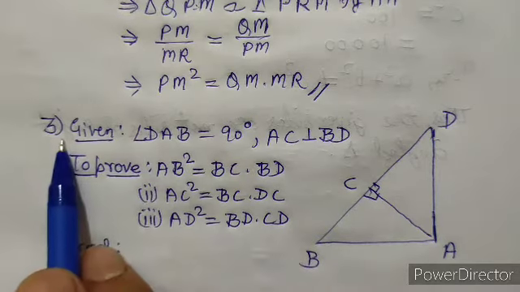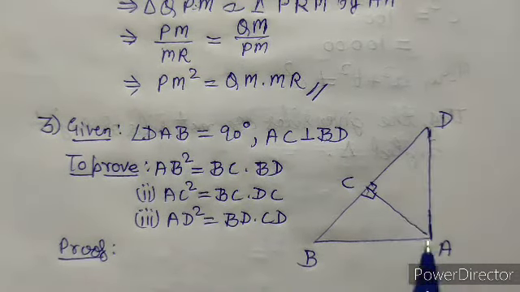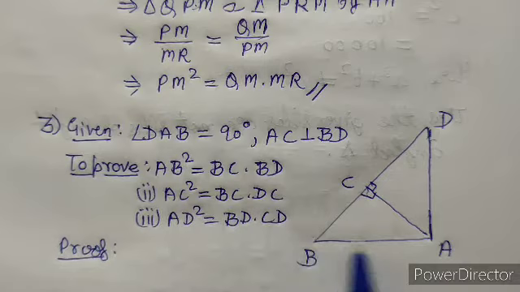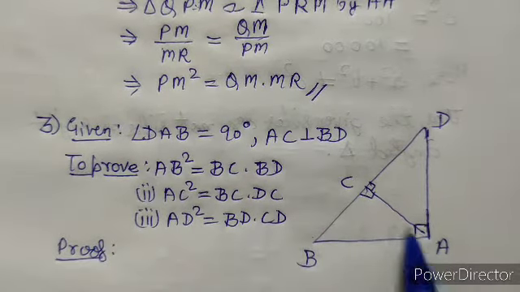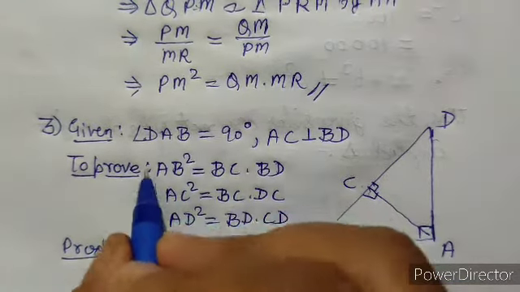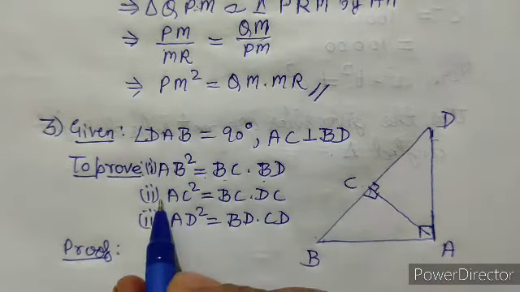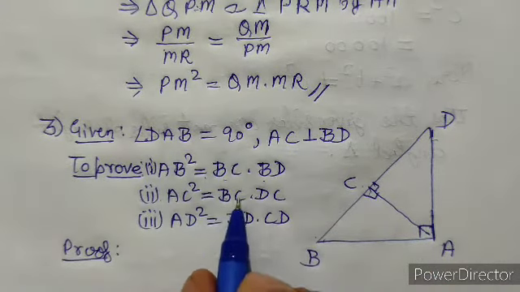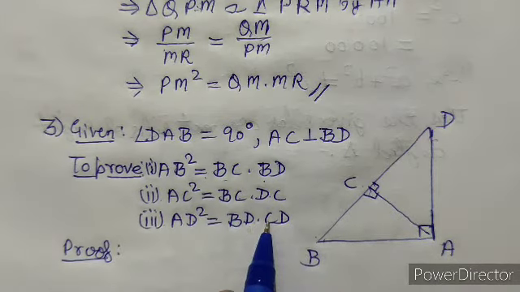Now in question number third, right angle triangle DAP is given to us, in which angle A is of 90 degree and AC is perpendicular to BD. Now we have to prove, first part is AB square equal to BC into BD, second AC square is equal to BC into DC, and AD square equal to BD into CD.